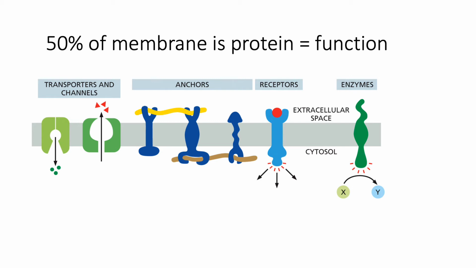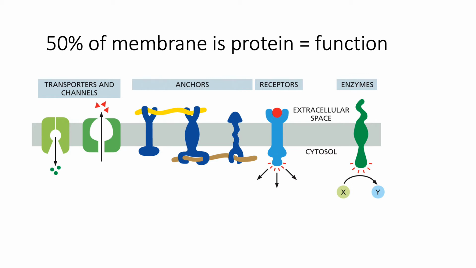And then it shows, and we'll talk about those as well. And then there's enzymes which can be present attached to the membrane that carry out enzymatic activities like kinases and so on. Now these proteins, just like the lipids which can move around, the proteins are free to move too.